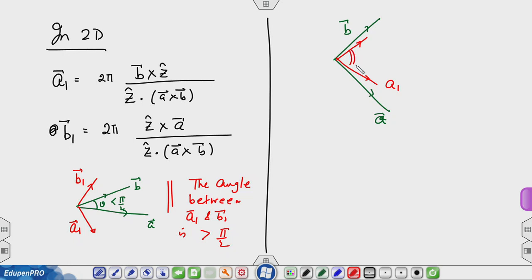This angle becomes smaller. So, when you make a two dimensional reciprocal lattice, the corresponding vectors change angles. If the original angle in the real lattice is less than π by 2, it opens up, becomes greater than π by 2, and vice versa. Here I should make clear that this is supposed to be a right angle. So, this is how this happens.